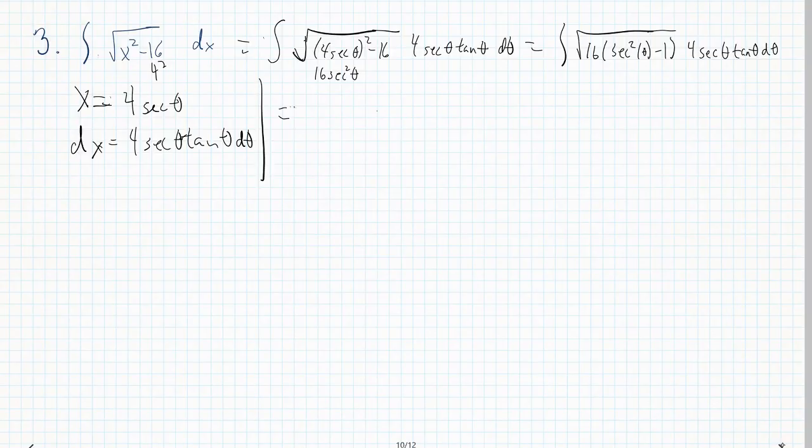So this whole thing equals square root of 16 times tangent squared theta times 4 secant theta tangent theta d theta.